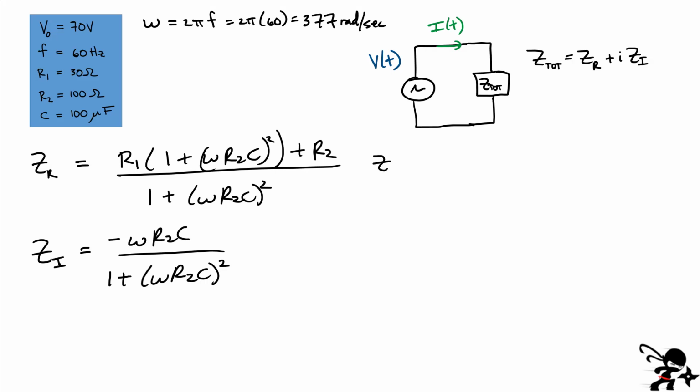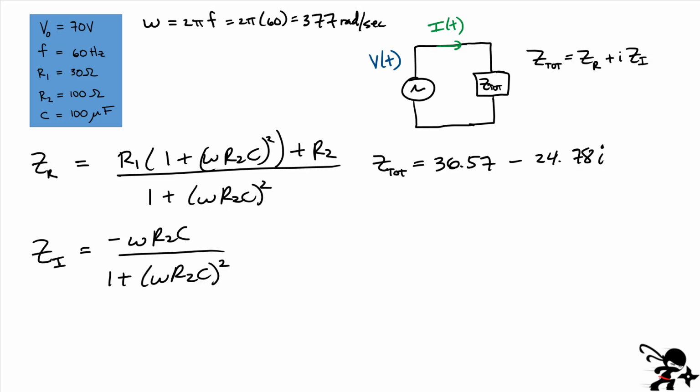You can use some software or your calculator, be very careful, but you have all the values here for R1, R2, C. At the end, for the real part I got a value of 36.57, hopefully with no rounding error, and then minus, because of this element over here, 24.78 multiplied by i. That was the complex value of the impedance.